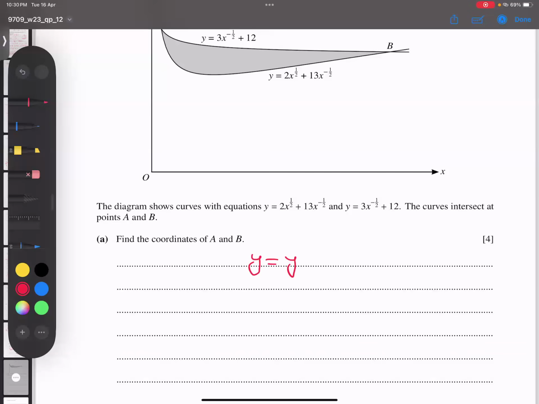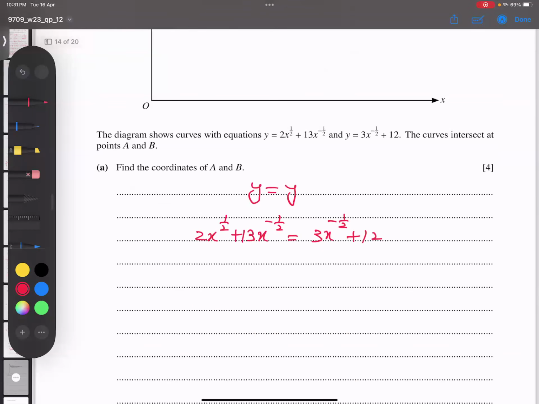So students, let's start. I will put both equations equal to each other. So 2x to the power half plus 13x to the power negative half equals 3x to the power negative half plus 12.